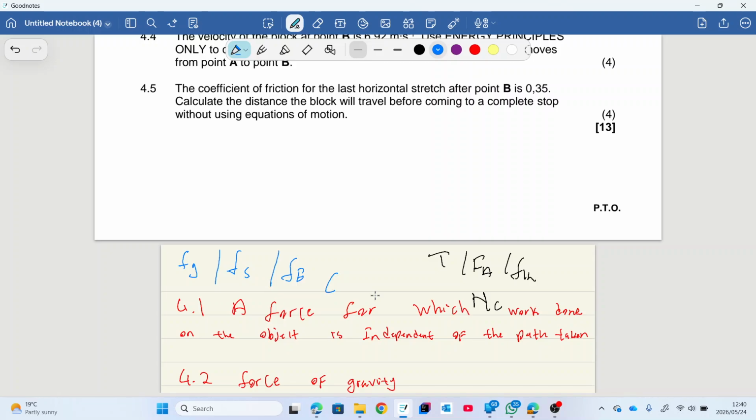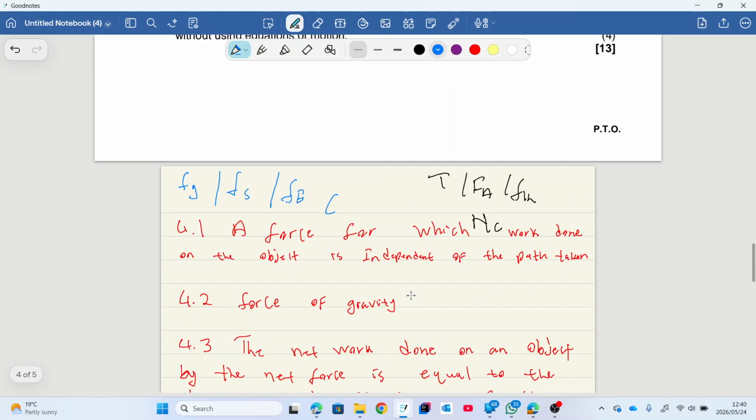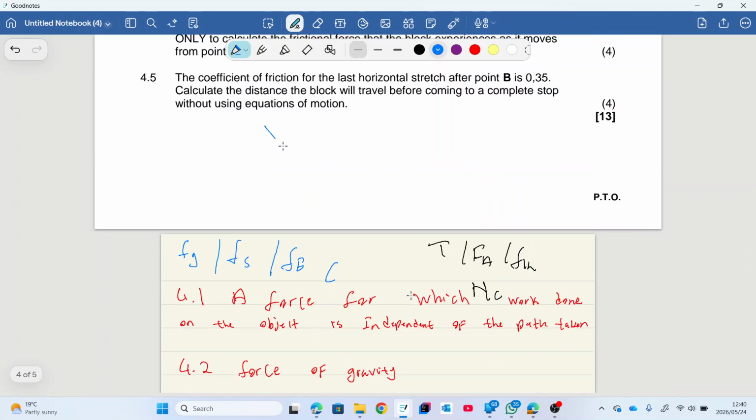Yeah, the intention is to calculate the distance. So now the net force, when the block, remember, it's like this, then it becomes flat. It's fine. So when the block is here, then it's moving in that direction.